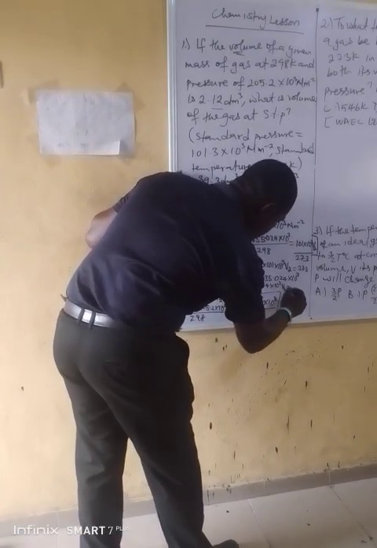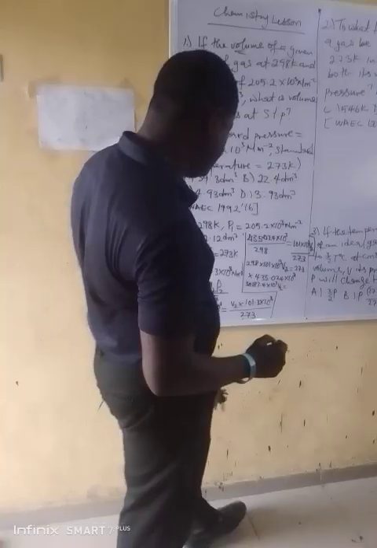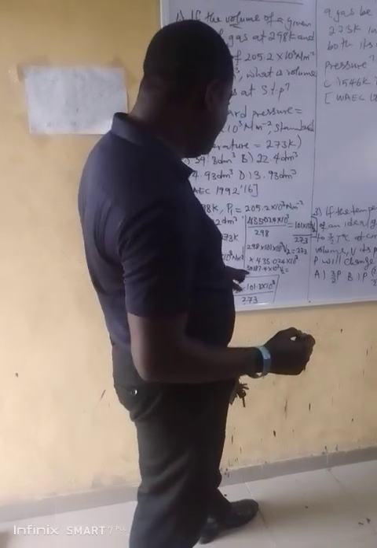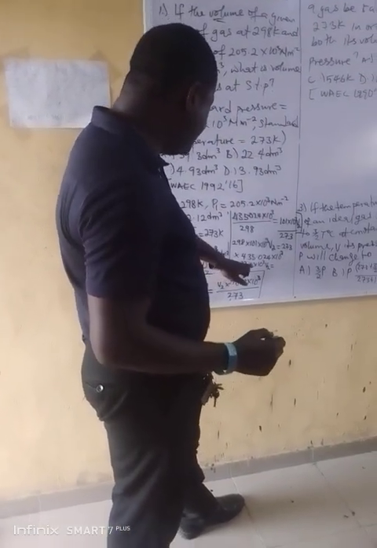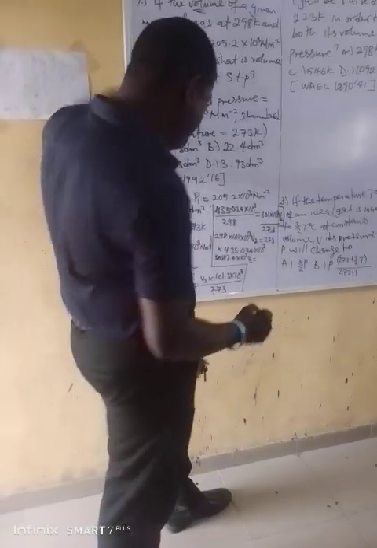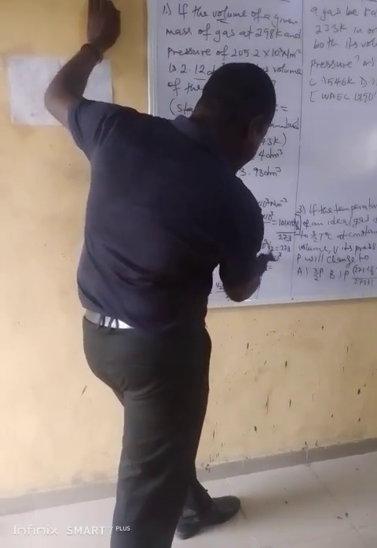V2 is equal to, okay, we want to divide both sides now by what is here, everything here. So we are writing what is here.